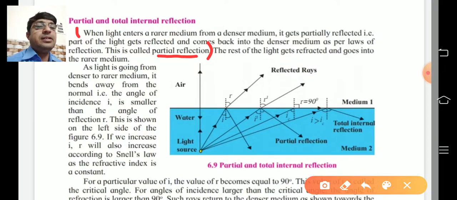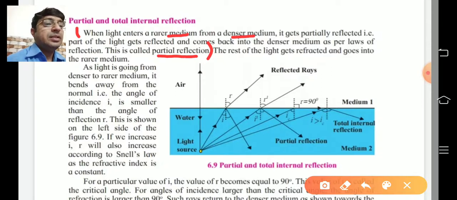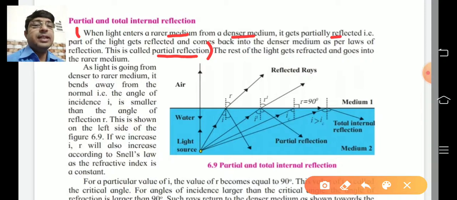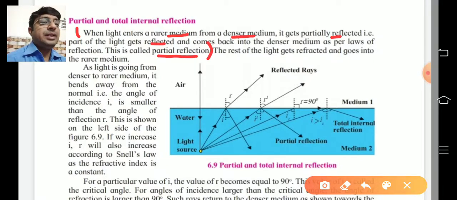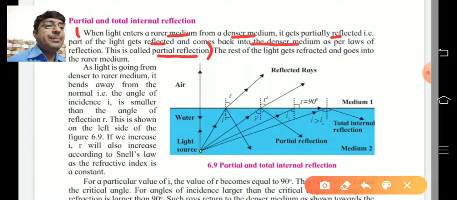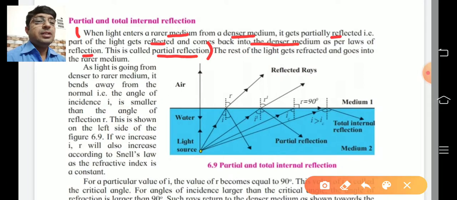When light enters a rarer medium from a denser medium, it gets partially reflected, that is, part of the light gets reflected and comes back into the denser medium as per the law of reflection. This is called partial reflection.